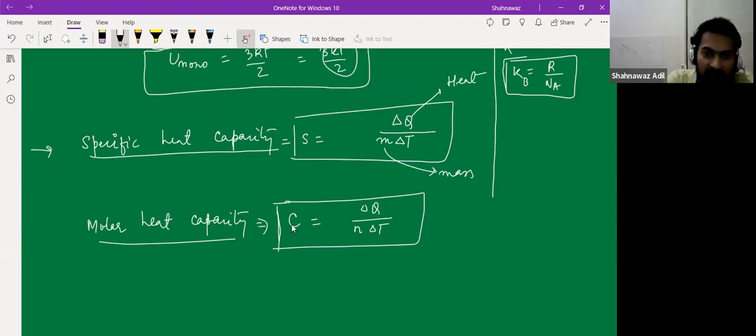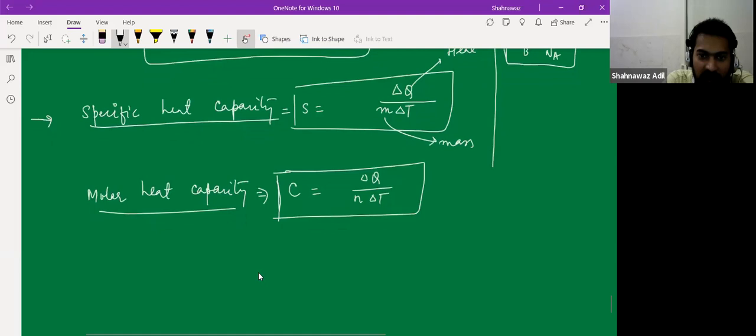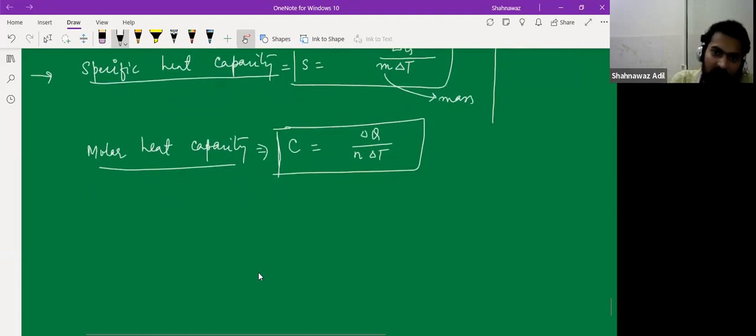Yes, sir. So now we will talk about some processes. Your molar heat capacity is dependent upon the process. If you are working in one process, then the molar heat capacity will be one thing, and when you change the process, your molar heat capacity will change. As you have learned in your chemistry class, one is the molar heat capacity at constant volume, and the other is the molar heat capacity at constant pressure.